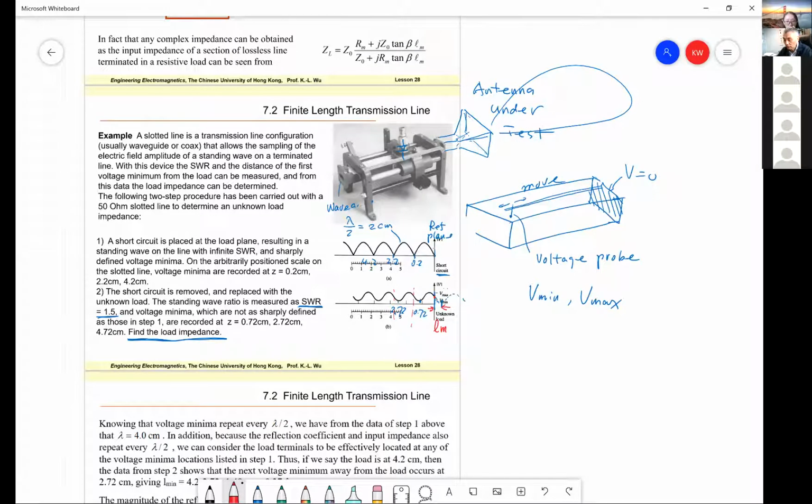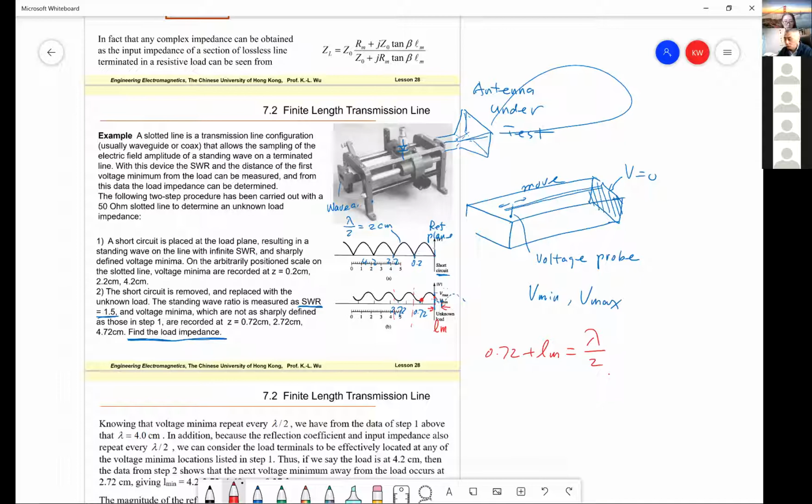You know this absolute location. Say this is 0.72, I also tell you. Then 0.72 plus Lm should be equal to half wavelength.